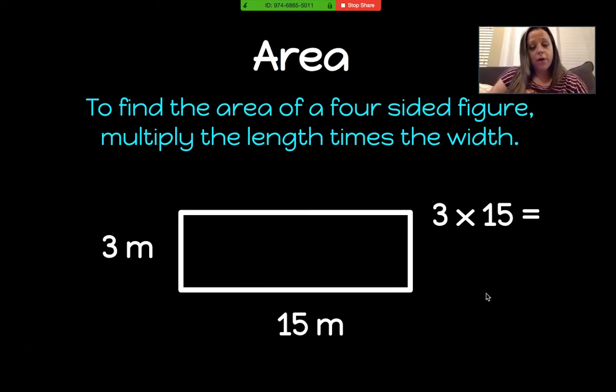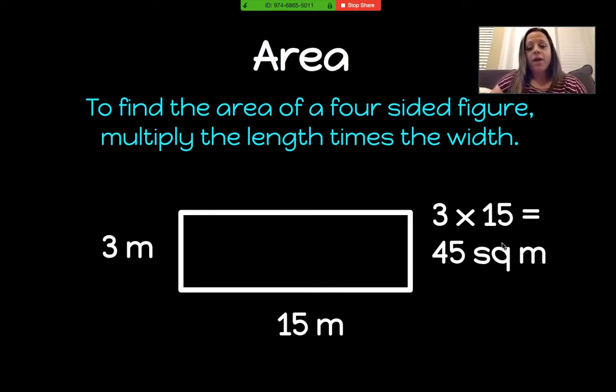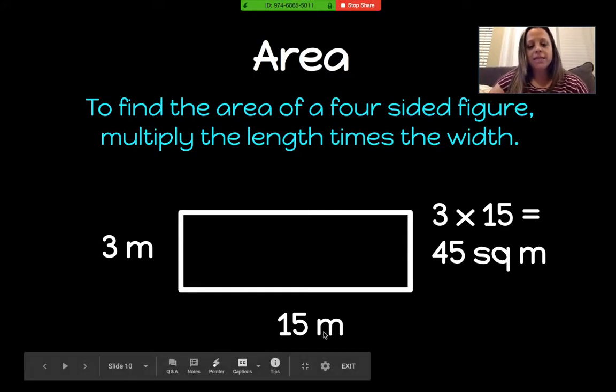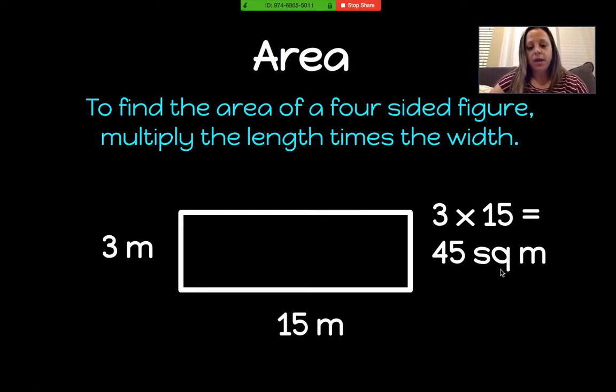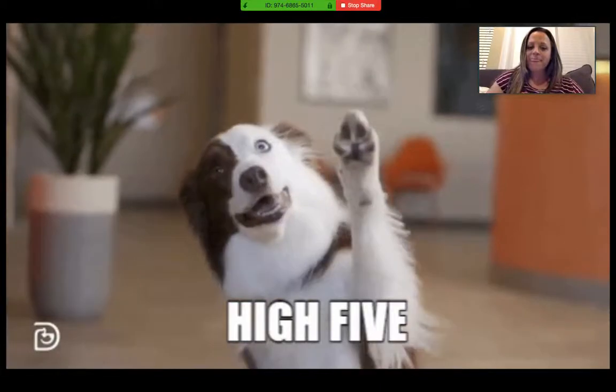If you multiply those, you should get 45. But now we add SQ for square because we're calculating how many square meters, in this case, will cover an area. So that's why there's that SQ there. We don't just say 45 meters because we're measuring in squares. Good job.